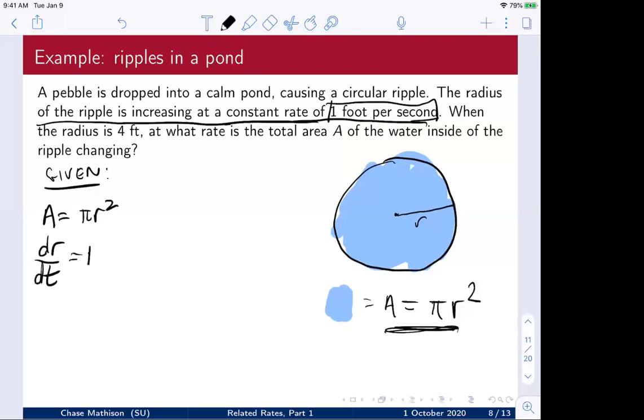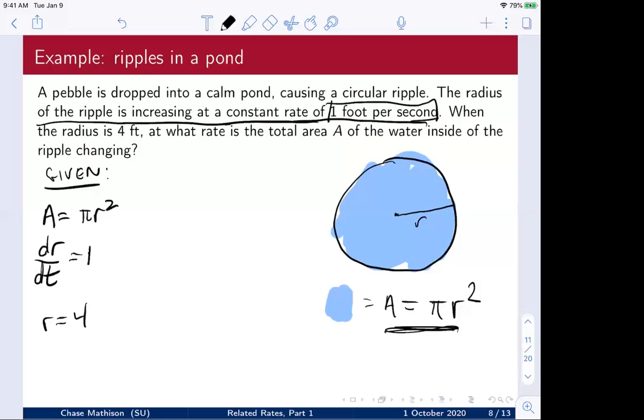Yes, perfect. And then are there any other givens for us? r equals 4. Yes, exactly. We care about this whole situation at the moment that r is equal to 4. Okay. So those are all our givens.